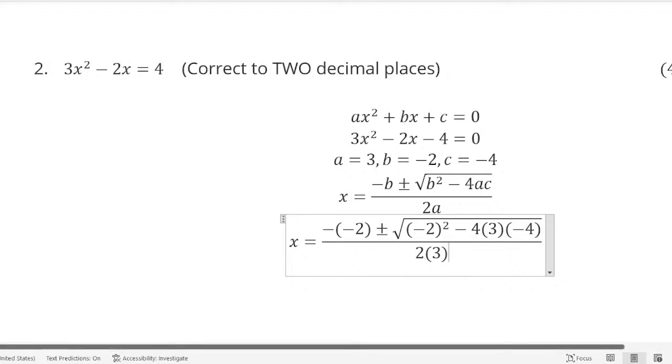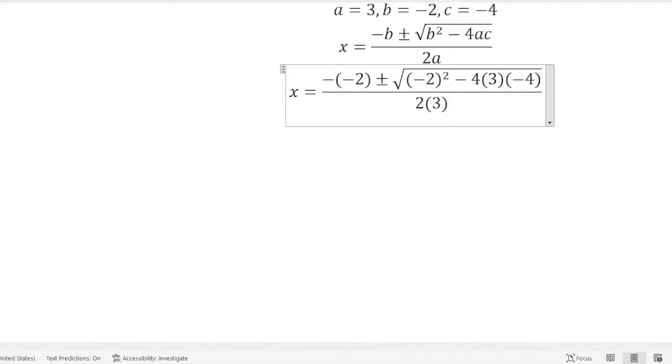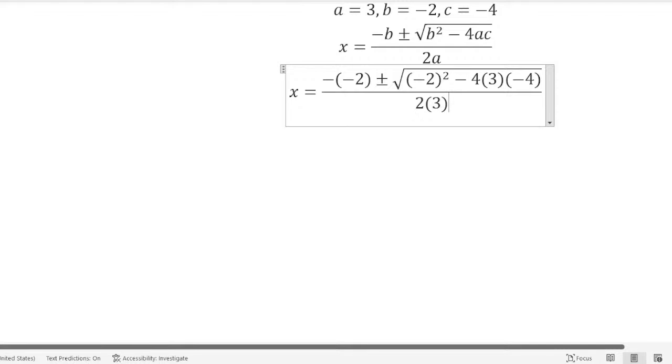Alright, now you just need to punch your calculator and get two possible values of x. We're gonna have two possible values of x because of this plus or minus.